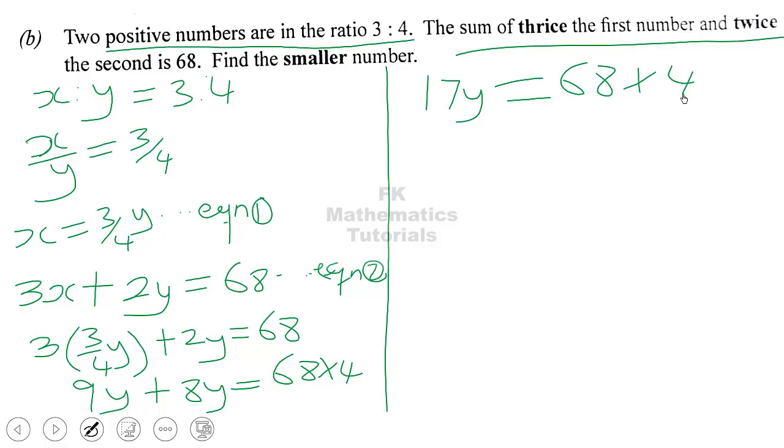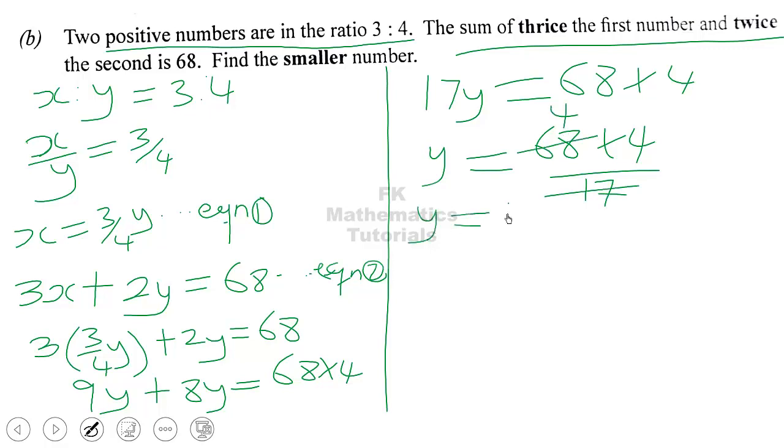So that will give us y is equal to 68 times 4 over 17. Because 17 will go into 68 4 times. Therefore, y is equal to 16. Because 4 times 4 is 16.